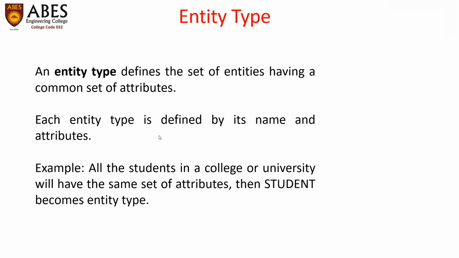Similarly, we can group all the faculty members into one entity type, that is faculty, because the students have some common attributes. Similarly, the faculties will have some common attributes. So basically, an entity type is a set of all the entities that have some common set of attributes.